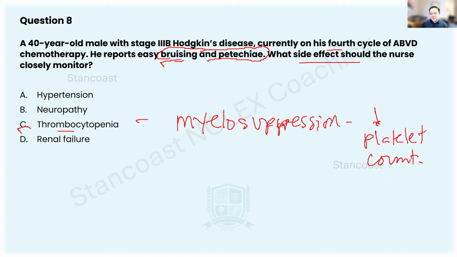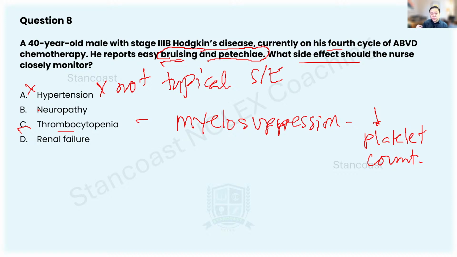There's no such thing as hypertension here. It's not really a typical side effect of the chemotherapeutic agents or the ABVD therapy. So we're going to eliminate this one. What about neuropathy?